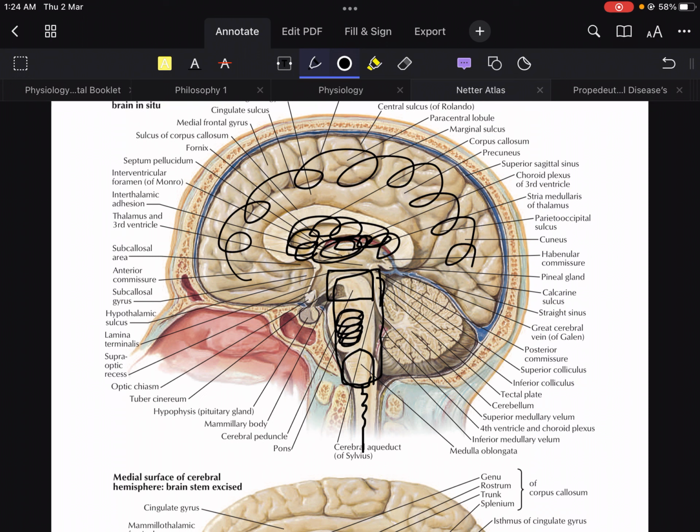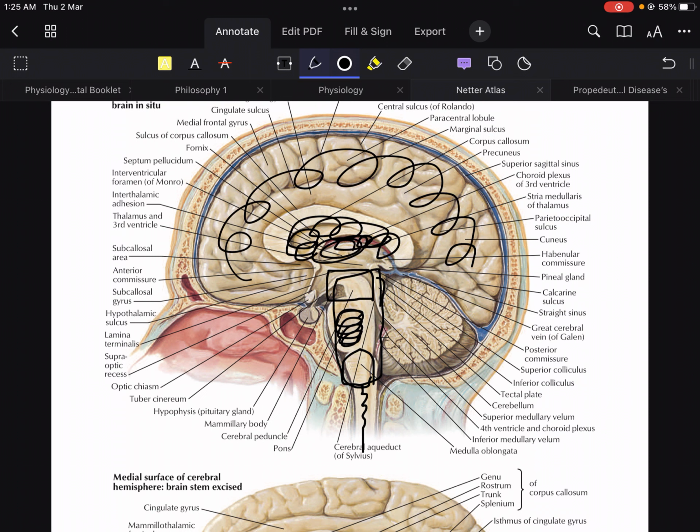As you know, the spinal cord passes through which foramen? The foramen located in the occipital bone is the foramen magnum, the biggest foramen in our skull.